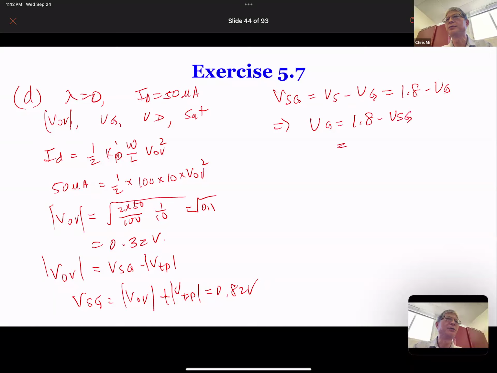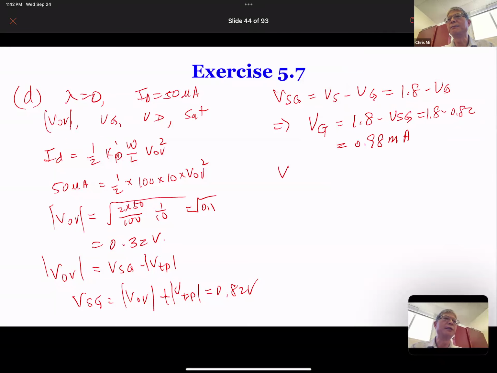VSG is 0.82, so it's 1.8 minus 0.82, that gives you 0.98 volts. We found VSG, we found VG. I don't know if I wrote it clearly, so this is VG.